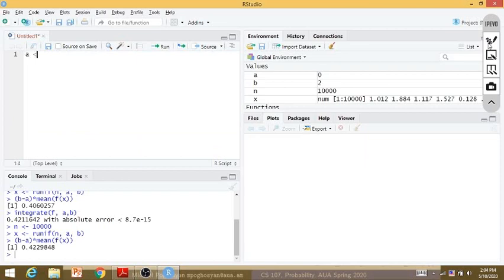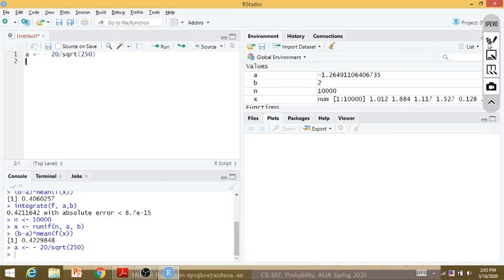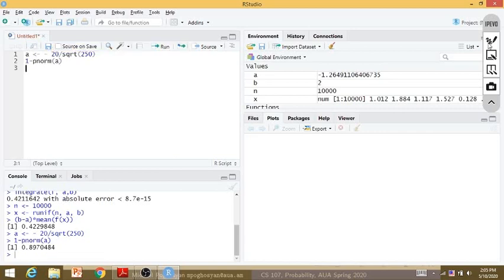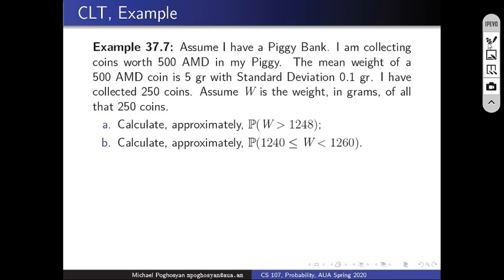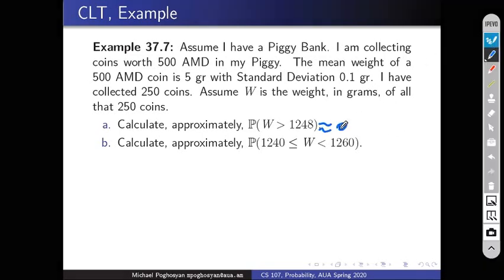So first I'm calculating that number, minus 20 over the square root of 250, and I'm calculating 1 minus the CDF of the normal, pnorm. Because I'm using the standard normal, I'm not giving any parameters. So the probability is 0.89, or 0.9, almost 0.9. So the first part is almost 0.9.